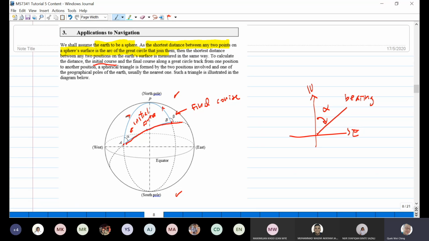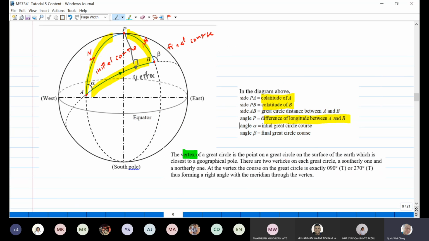So this arrow here tells you where you go to the North Pole. And the vertex we're looking for is the nearest point to the North Pole or South Pole, depending on which direction you move.